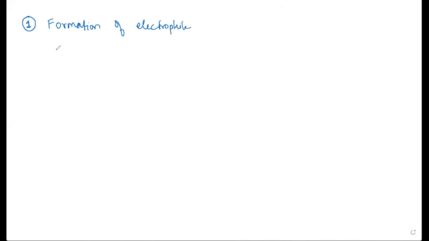So what is the electrophile when the reaction is chlorination, when the reagent is chlorine? Cl minus. Cl plus, sorry. Chlorination is Cl plus. What is the reagent when it is undergoing Friedel-Crafts reactions? Friedel-Crafts alkylation.